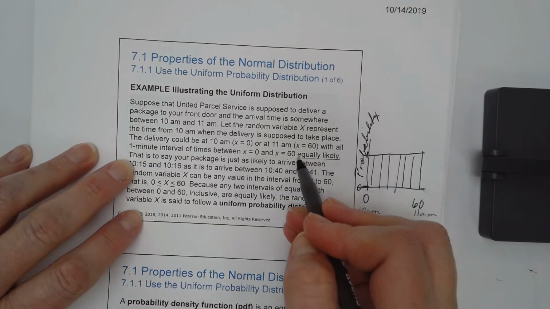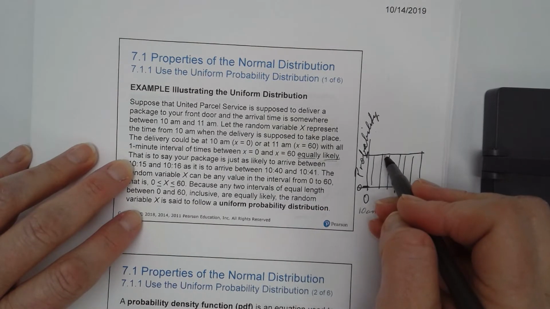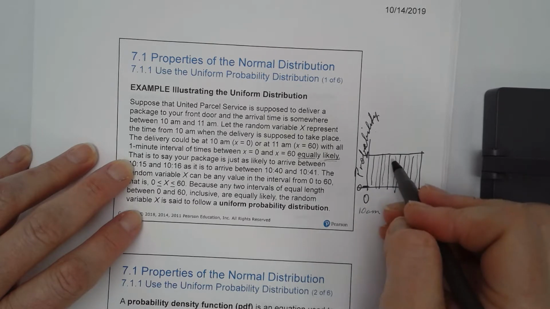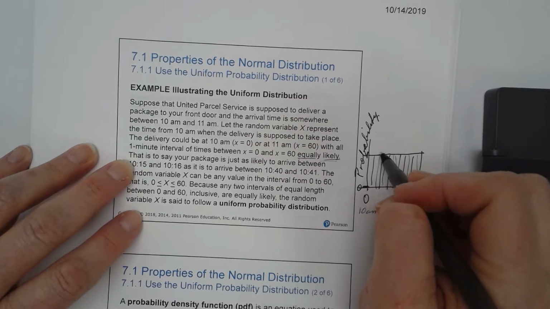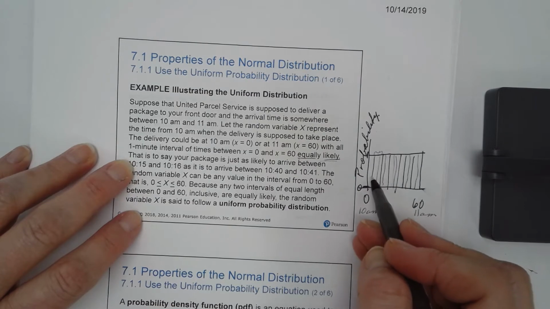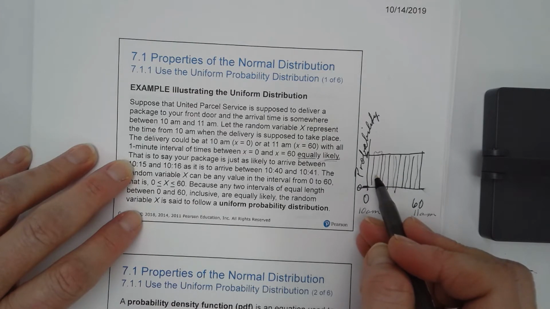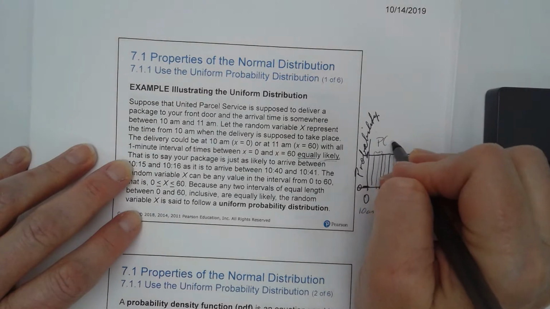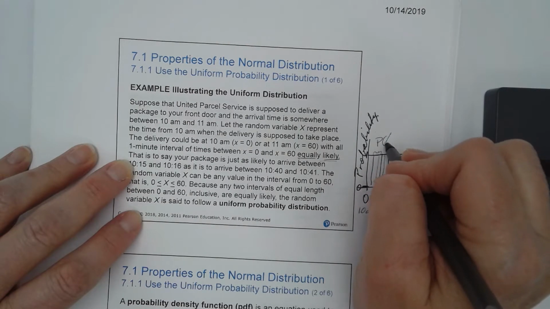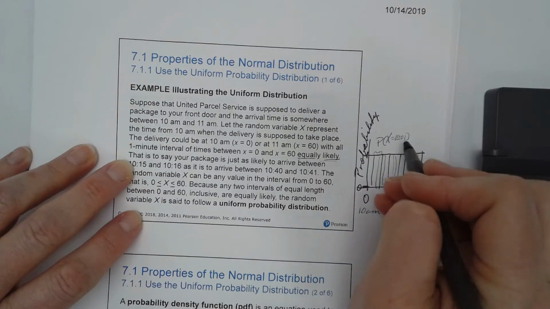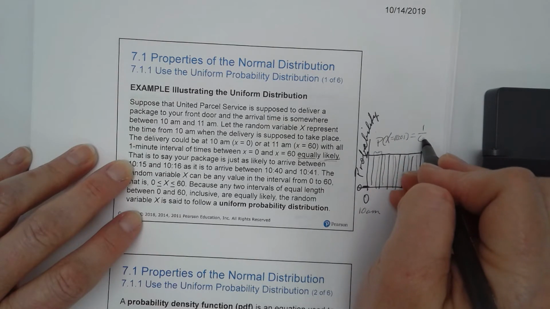Okay, so if they're equally likely, that means there are 60 of these minutes in here, right? So if there are 60 of them, what's the probability that it will be delivered between, say, 10:01 and 10:02? That's 1 minute out of how many? 60. So the probability that x is sometime in that minute is 1 out of 60.